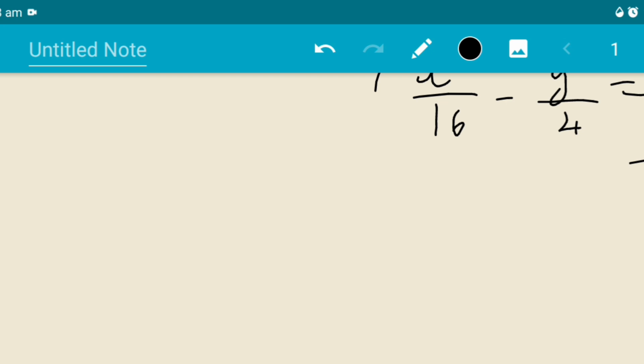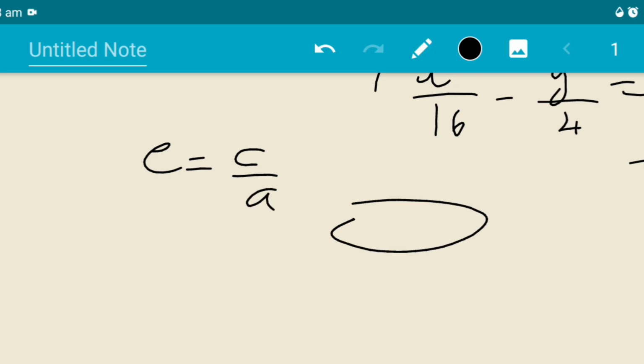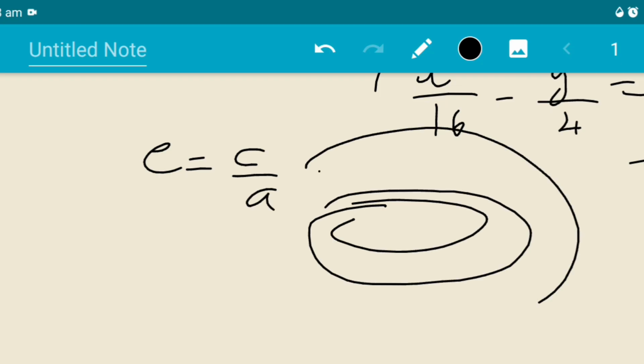Then the eccentricity of a hyperbola. The same goes. The eccentricity tells us about how wide it is. The eccentricity can look like this, just as it is with the ellipse. Eccentricity is equal to c over a. It can be like so, it can be like that, it can look more like a circle.